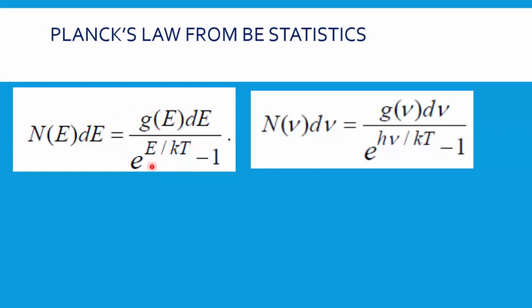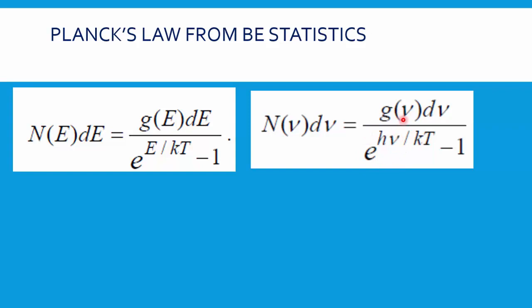I have taken alpha to be 0, and then I converted this energy in terms of frequency. I have substituted the value E is equal to h nu, from Einstein's equation, expressing the energy in terms of frequency. So the right hand side has changed to frequency.